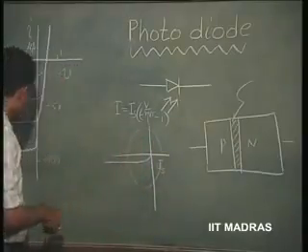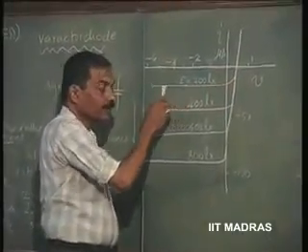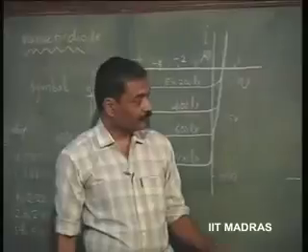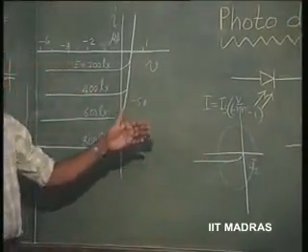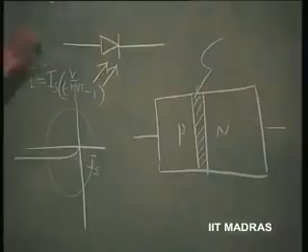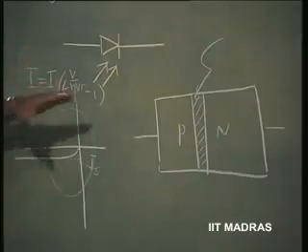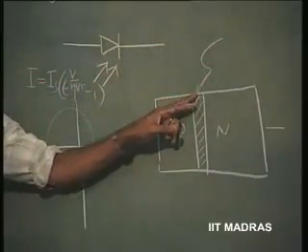That means the characteristic will now look like something like this. So, basically remember that you are increasing the reverse saturation current and providing a sustained reverse saturation current, of increased magnitude by giving an energy here, light energy here.